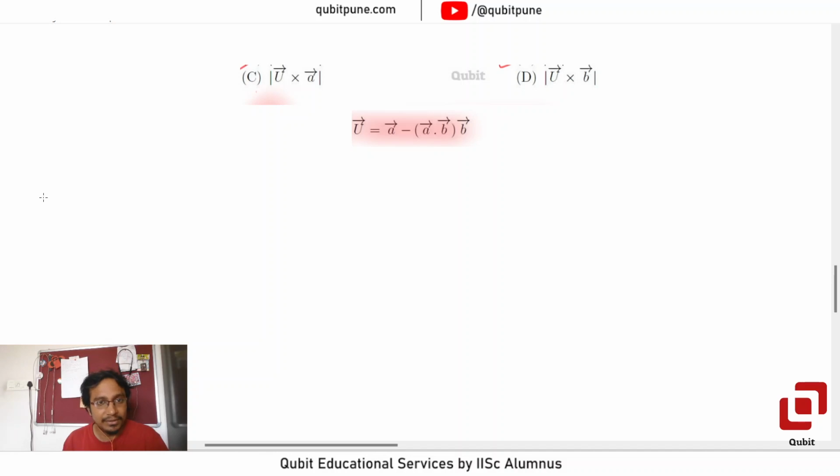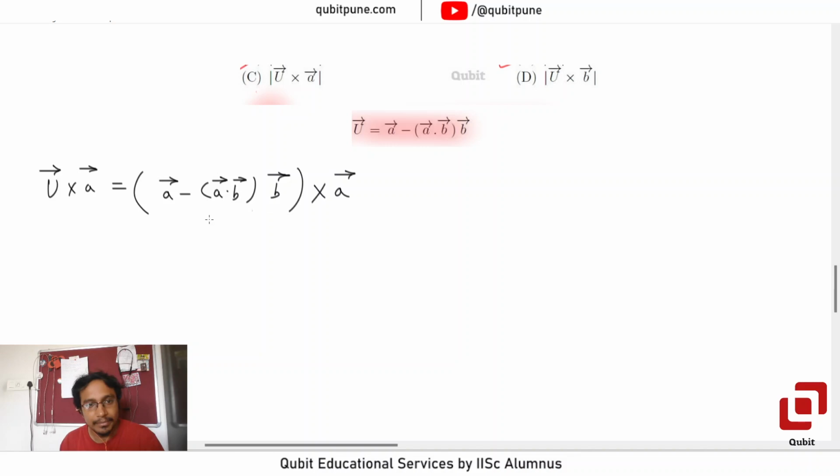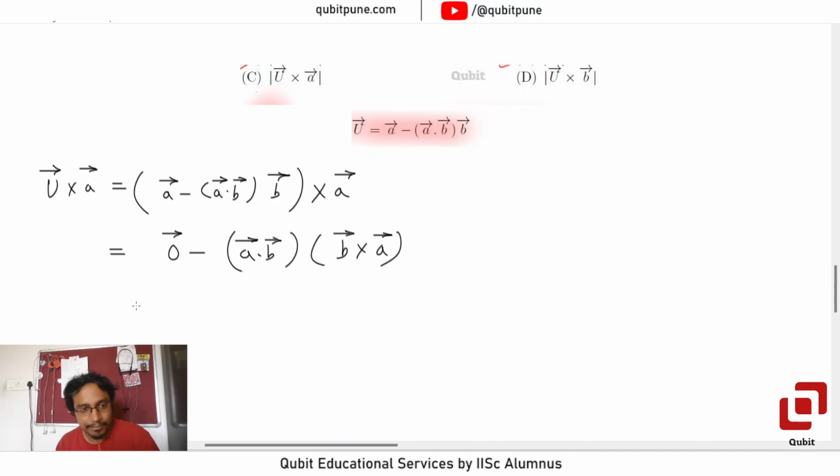Okay, so let us first consider u bar cross a bar, which will be a bar minus a bar dot b bar cross a bar. Now a bar cross a bar is the null vector, minus a bar dot b bar cross a bar. So this will be a dot b, a cross b.